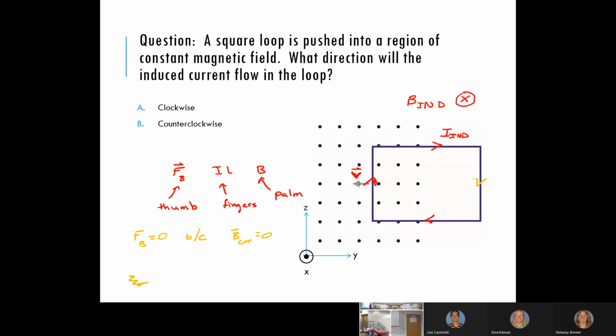Our magnetic field is pointing out of the board. I'm going to rotate my palm. And so the force of the external magnetic field on the top wire is down. So this one would be down. How about the bottom wire? What direction would that force be?